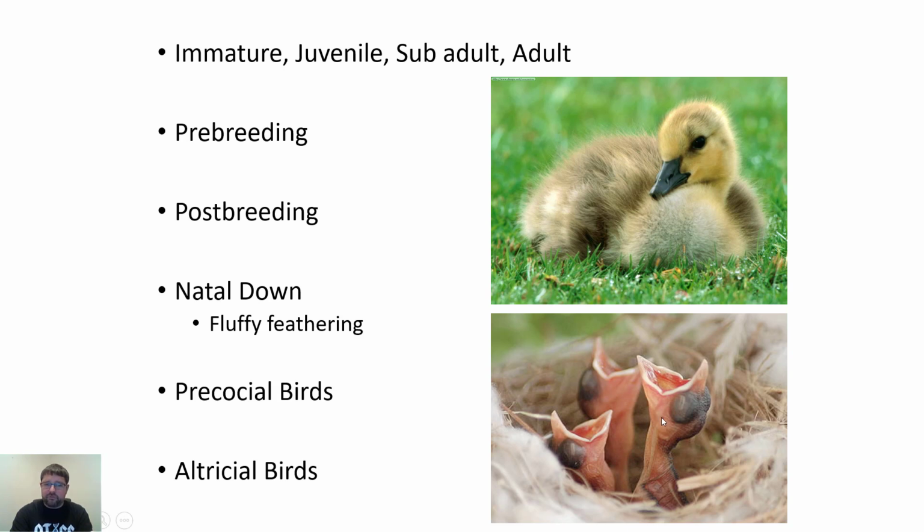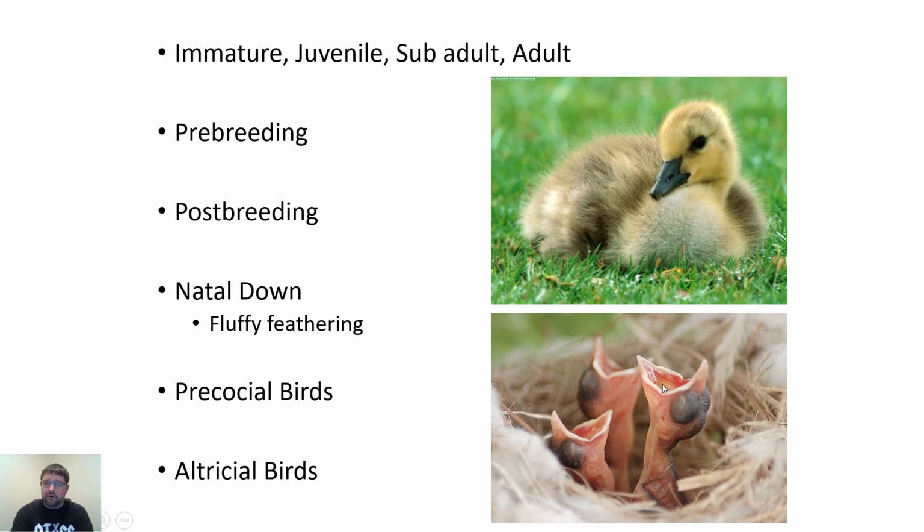Also, species specific, whether or not the bird is completely blind at hatch. It really depends on how advanced the stages are. It really depends on the bird itself. But again, altricial birds don't have the capability of feeding on their own.